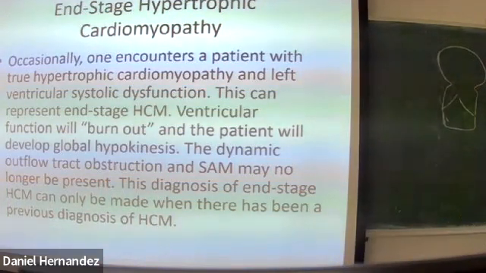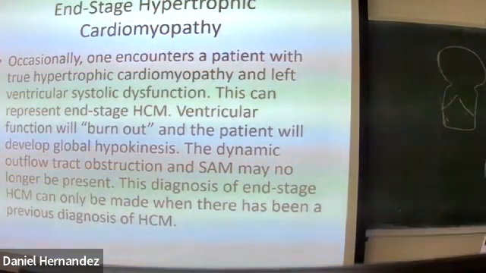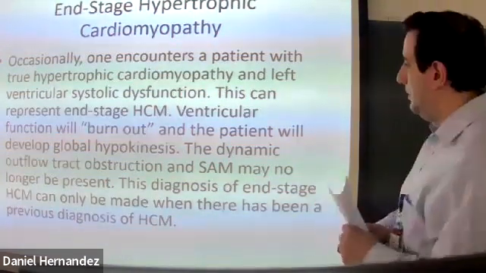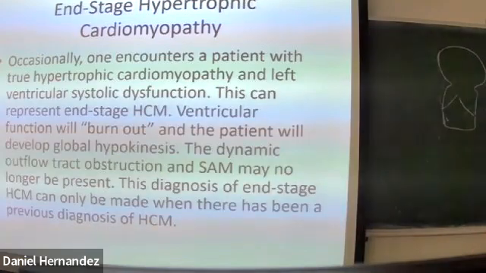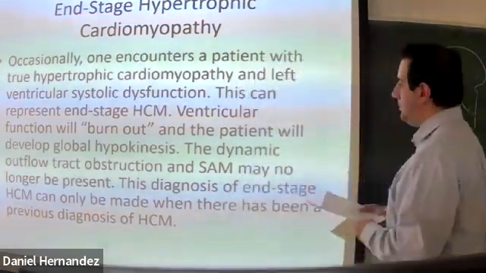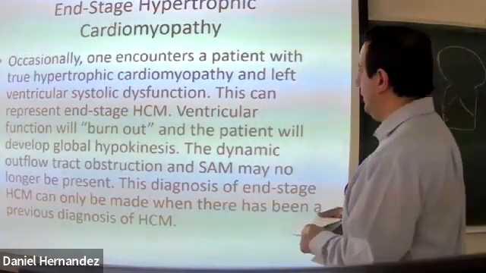This diagnosis of end-stage hypertrophic cardiomyopathy may be made when there's been a previous diagnosis of hypertrophic cardiomyopathy. So in order to make this end-stage diagnosis, we have to already have known that this patient was suffering from hypertrophic cardiomyopathy, and this is just kind of the end stages of that.